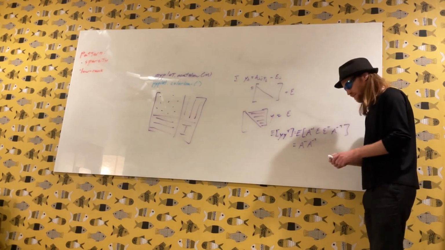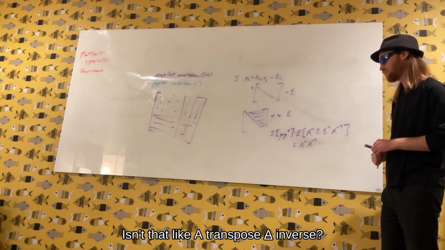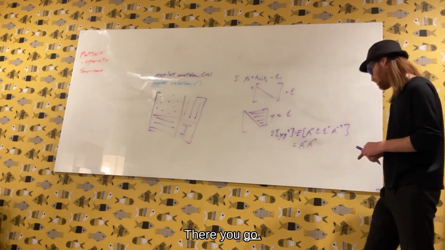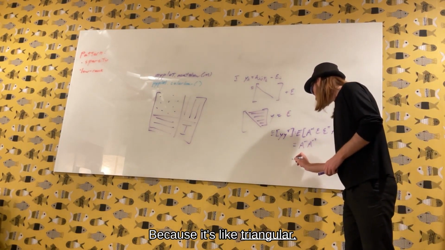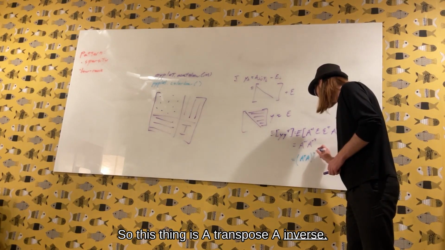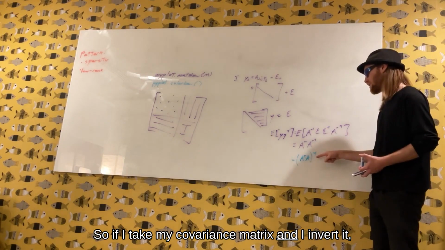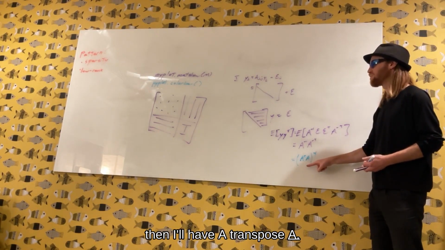Isn't that like A transpose A inverse? There you go, because it's triangular. So if I take my covariance matrix and invert it, then I'll have A transpose A.